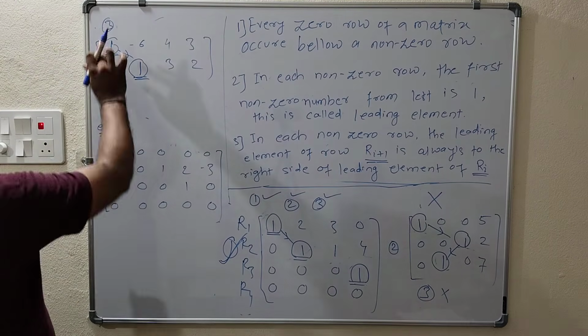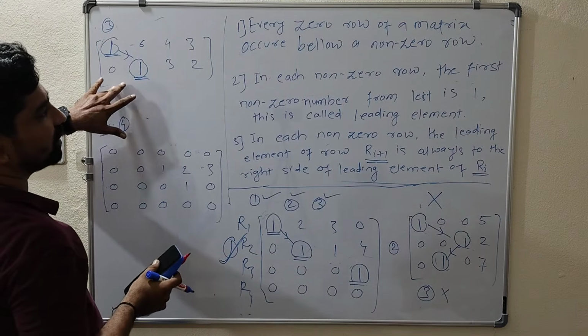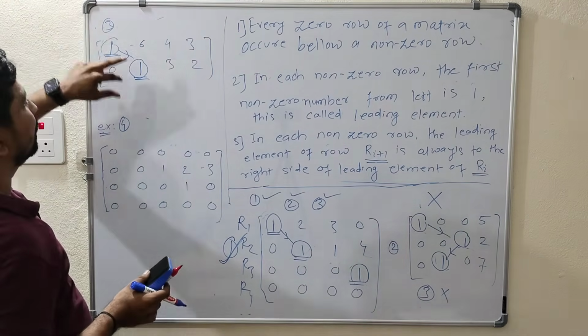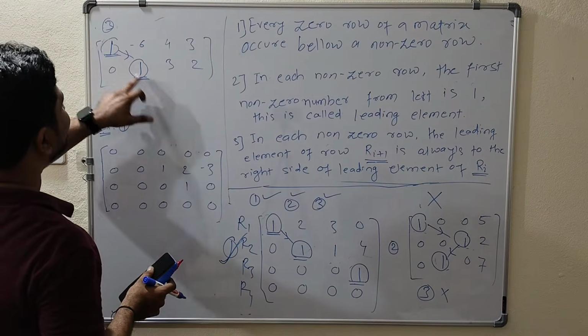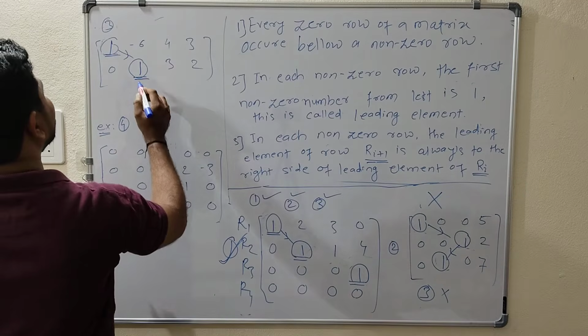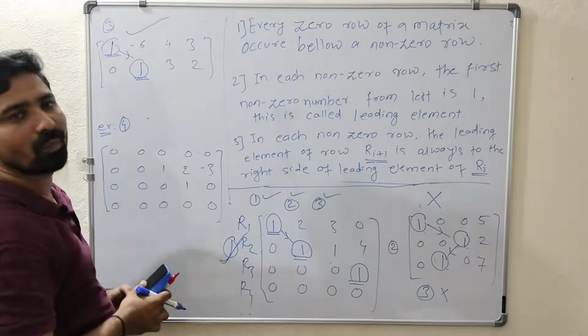So this matrix 3 also satisfies all the properties. There is no zero row, the leading entry of row R1 is 1, the leading entry of row R2 is 1, and the leading element of R2 occurs to the right of the leading element of R1. So this is also in the echelon form.